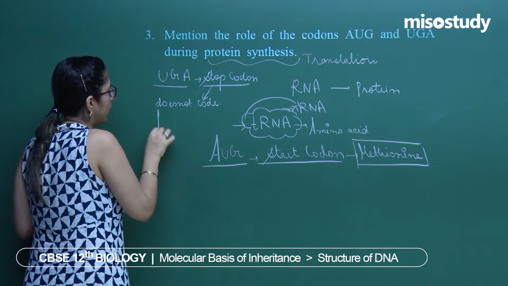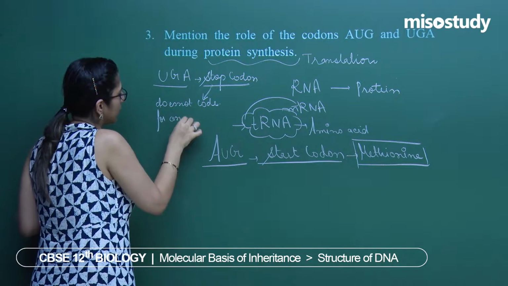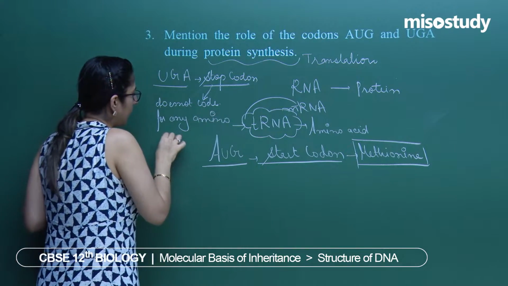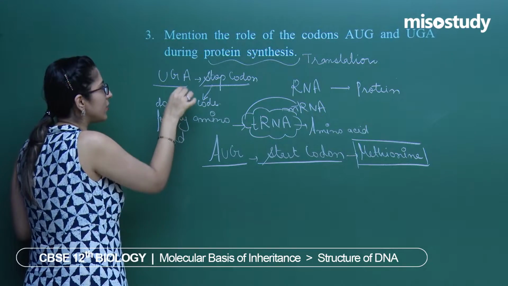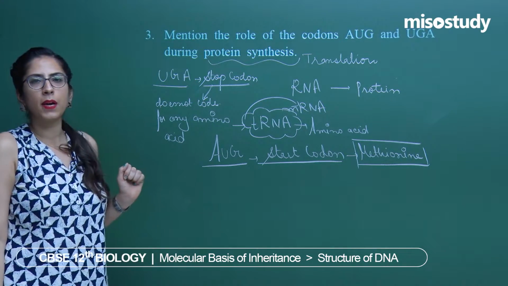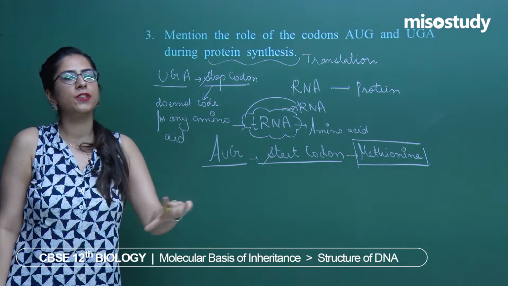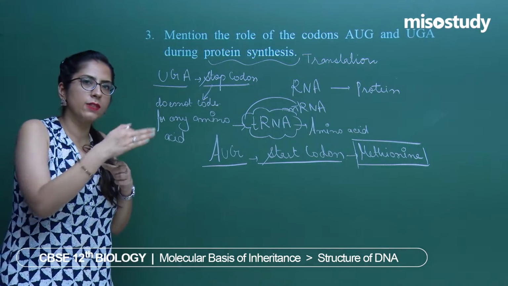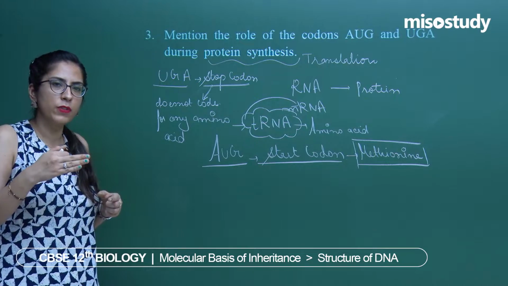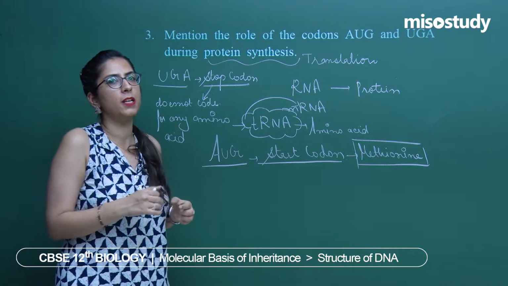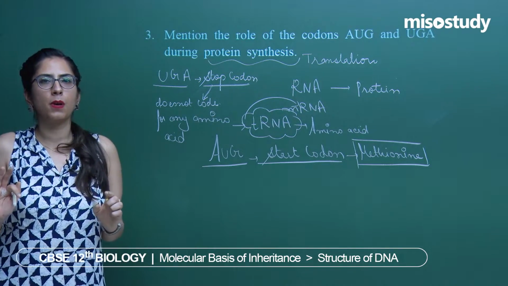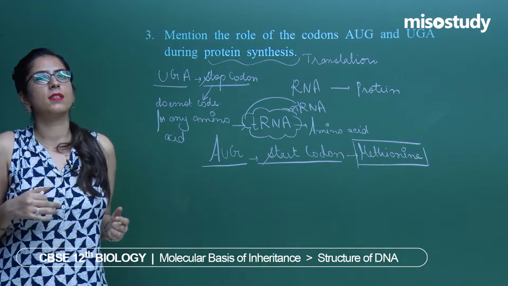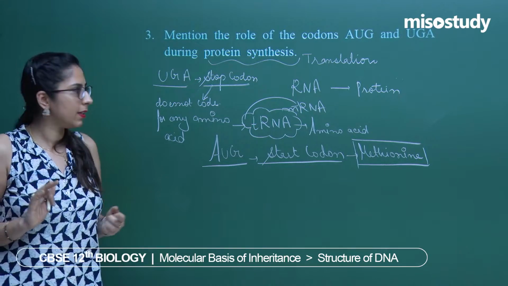That means whenever such a codon comes in the mRNA, the whole translation process will stop there. The sequence of amino acids attached to one another by peptide bonds will also stop, and ultimately that long amino acid chain will be released, right.